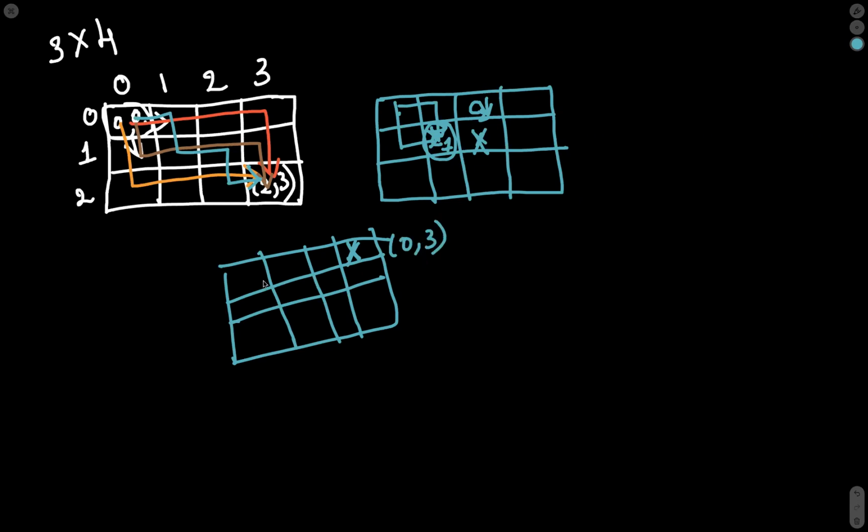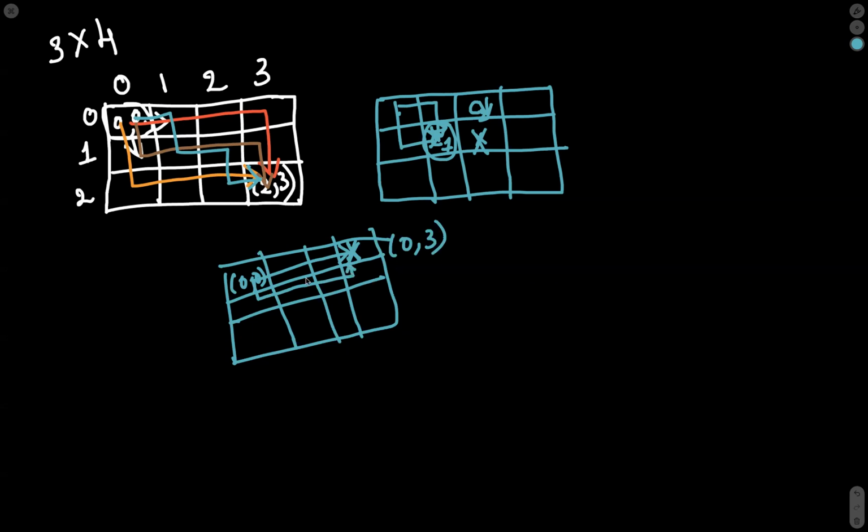We can definitely say that the only way to reach that cell from 0, 0 is this way, because if we go down and then traverse right, in order to reach that cell we would need to go in the upward direction, but we are not supposed to.